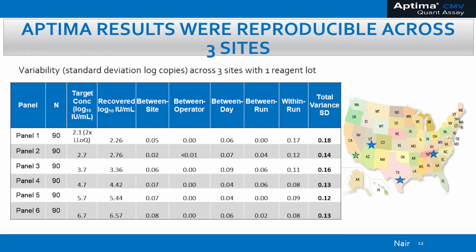We took it further and tested it at 3 external sites and pretty much got spot on the same results, with maximum variability still being at 0.18 standard deviation log IU per ml.